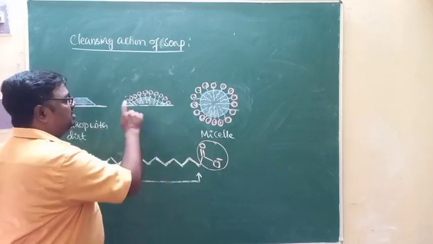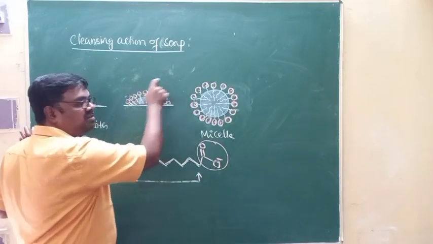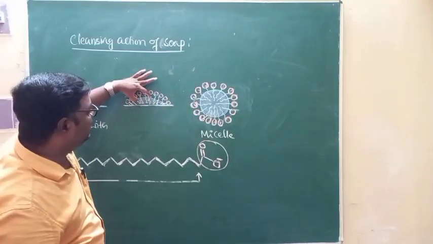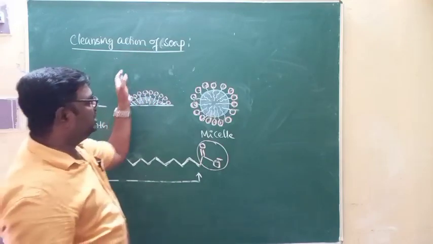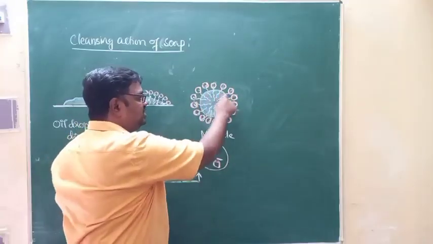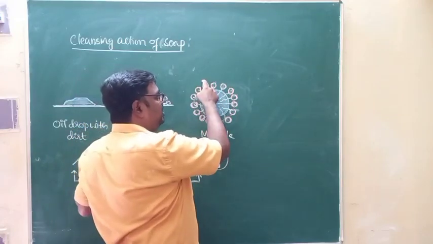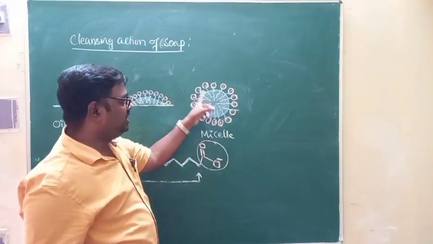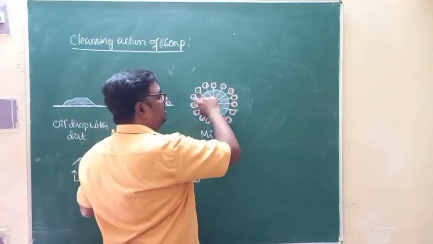Just observe, these polar heads of the soap molecules are strongly attracted by the water molecules around their surfaces, and because of that, the oil droplet containing dirt will be removed from the surface of cloth into the water in the form of a micelle, in which the soap molecules are attached to the oil droplet with their tails pointing towards the center of the oil droplet and polar heads at the surface.